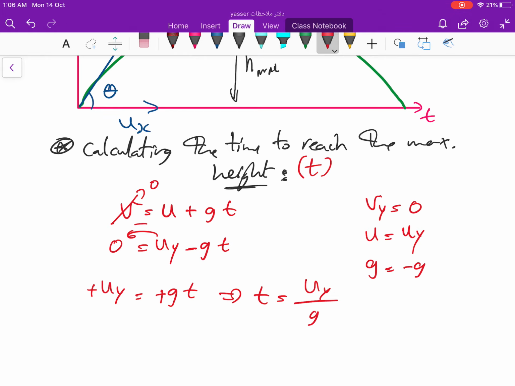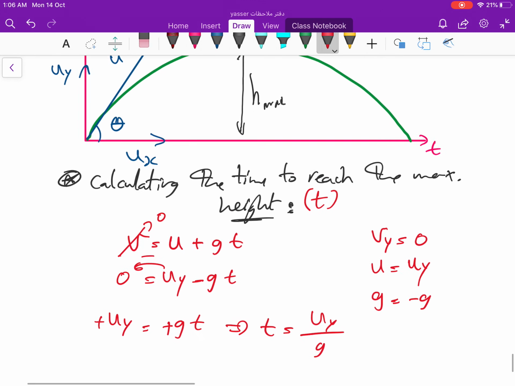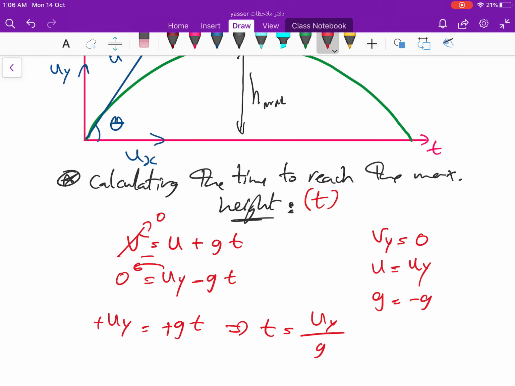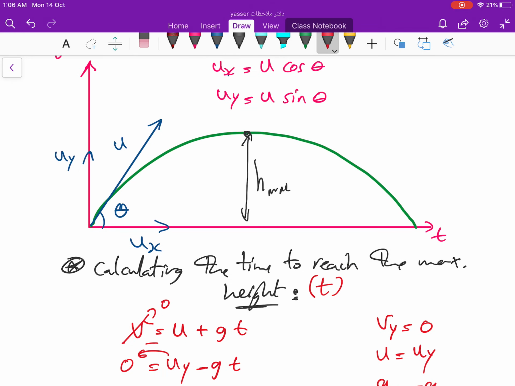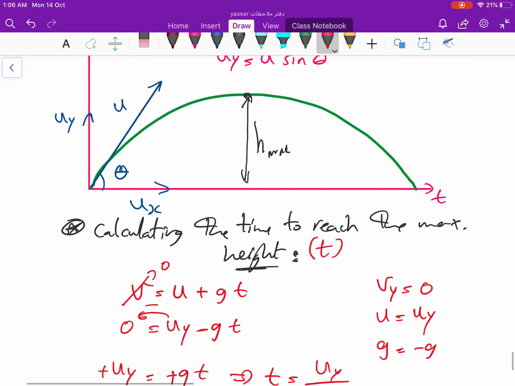By knowing the vertical component of the initial velocity and the free fall acceleration, which is constant, 9.8, we can calculate the time to reach the maximum height. The object while moving upwards is under the effect of the free fall acceleration, and while moving downwards in the second half it is also under the effect of the free fall acceleration.